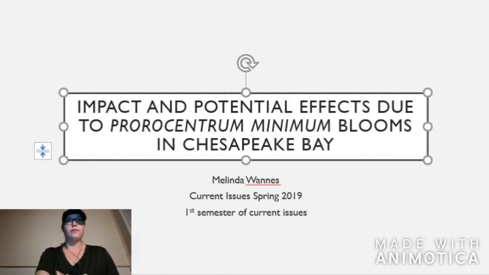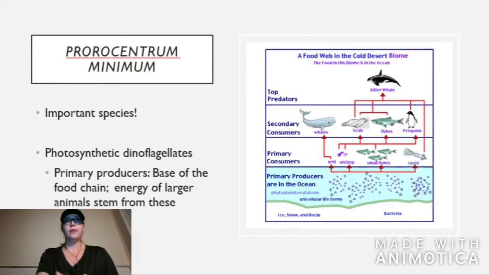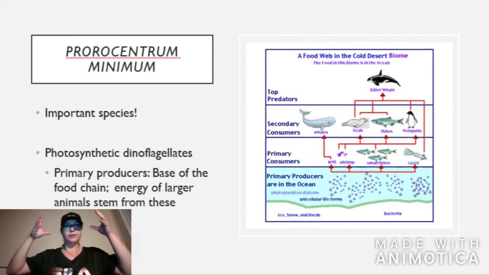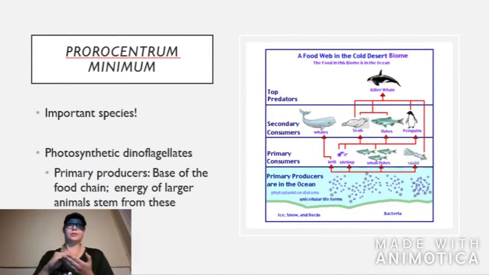So starting off, we have the actual species being talked about. It's actually an important species. They are primary producers, and if you're not familiar with primary producers or you forgot what it was, they're pretty much at the base of the food chain, and how they work is larger animals in the food chain actually need primary producers to be alive, considering primary producers feed primary consumers, which feed secondary consumers, which then feed the top predators of the food chain.